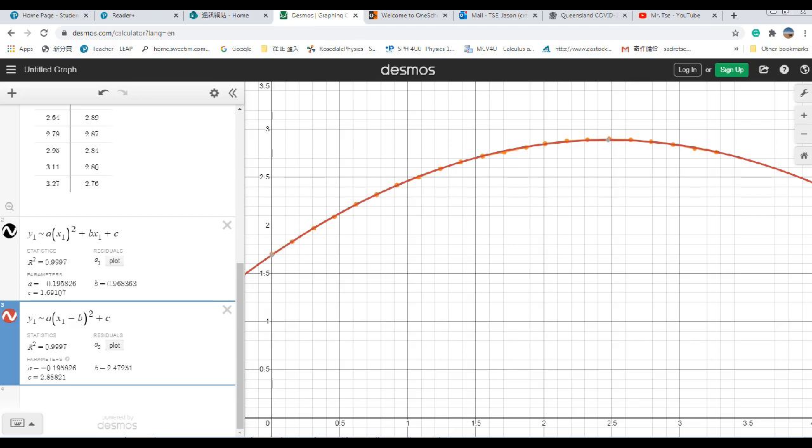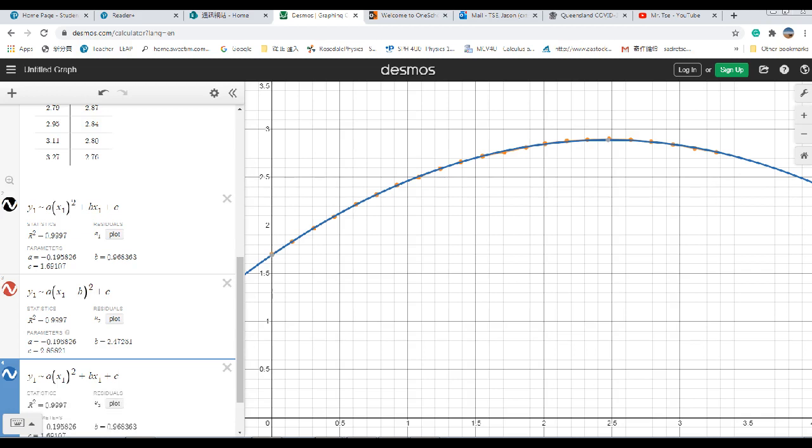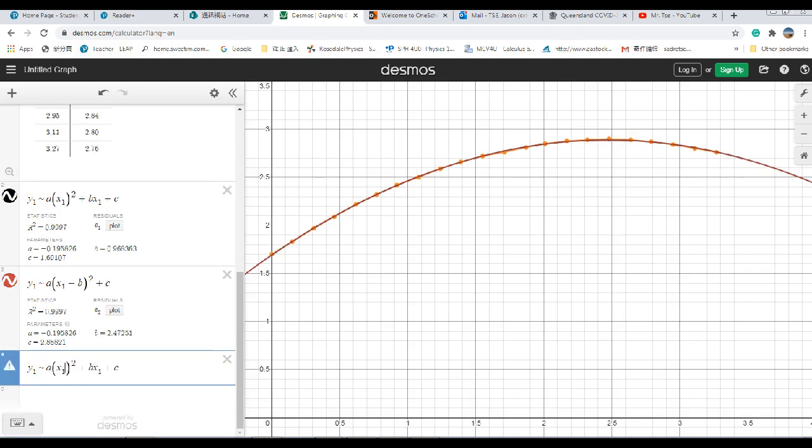So what would be the last form we've learned in quadratic equations? That would be the intercept form, the x-intercept form, or the factor form, right? So let's use that form. Let me do it again. Again, copy and paste, but I'm going to change that a little bit.